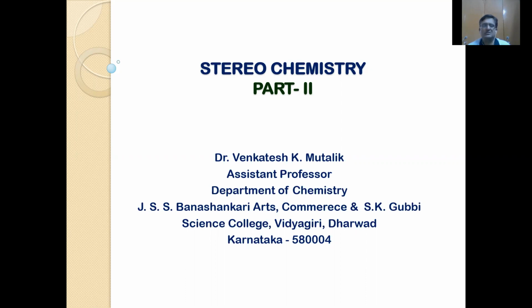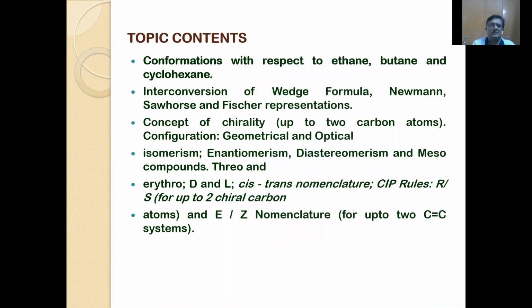Today's lecture mainly focuses on stereochemistry as per your CBCS syllabus. Mainly I am going to deal with conformations with respect to ethane, butane, and cyclohexane. Later I will come to interconversion of Wedge formulae, Newman, Sawhorse, and Fischer representations.